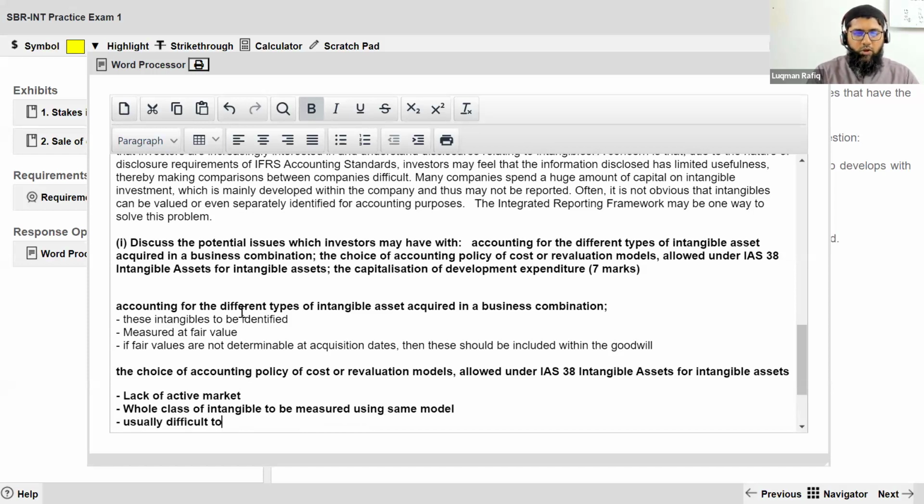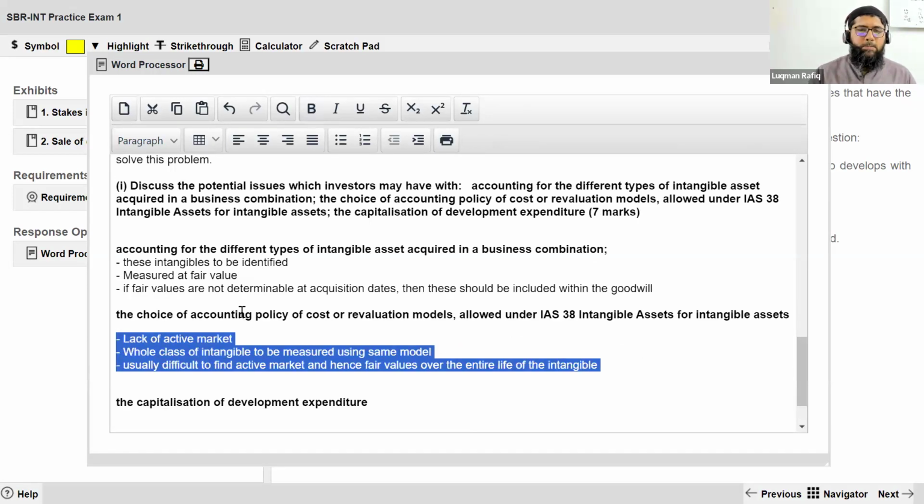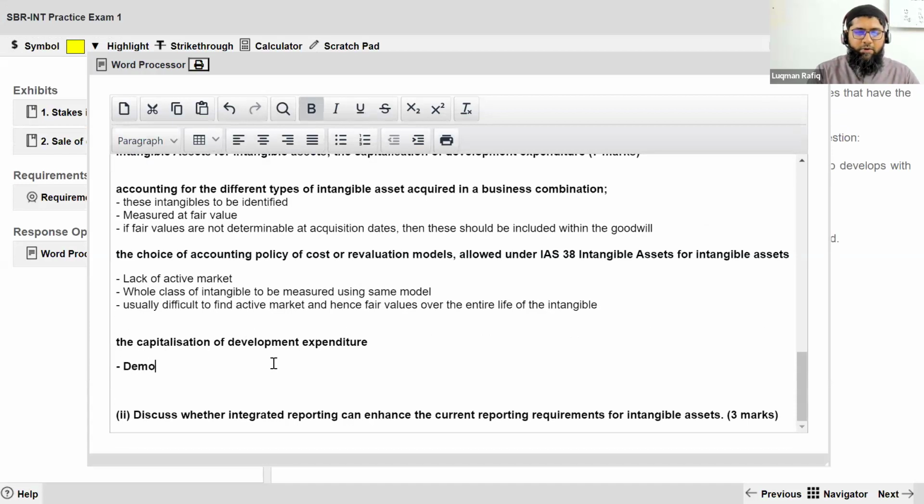It is usually difficult to find an active market and hence fair values over the entire life of the intangible. Right, so the fair values are difficult. Now capitalization of development: demonstration of the criteria being met is quite subjective.